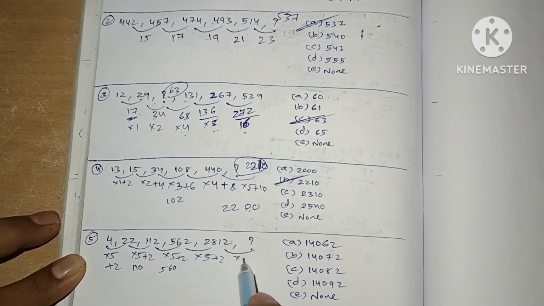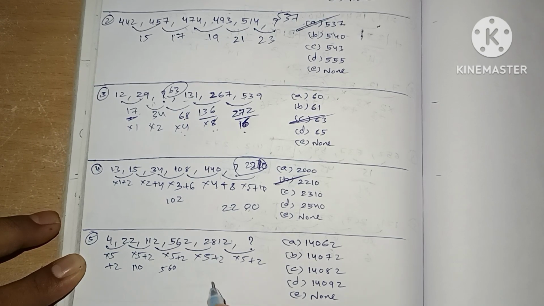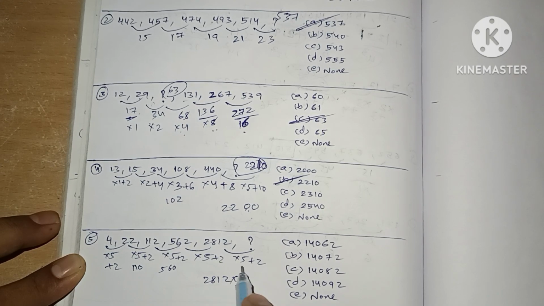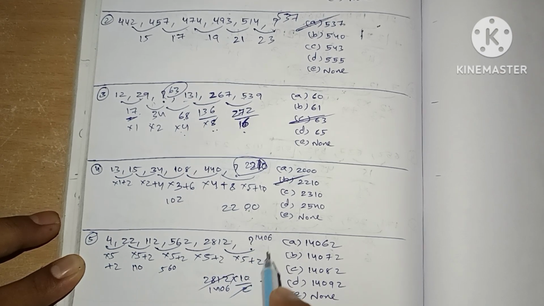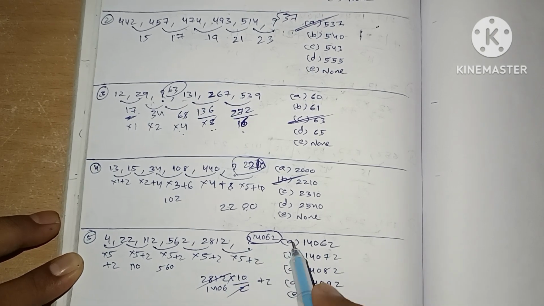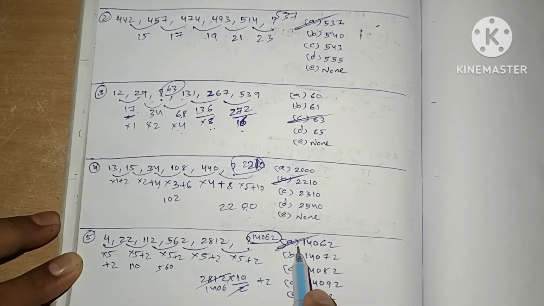The next one must be into 5 plus 2. Into 5 means 2812. Instead of 5 we write 10 divided by 2 plus 2, which means 14060. 14060 plus 2 will be 14062. So answer is 14062. Option A is our answer.